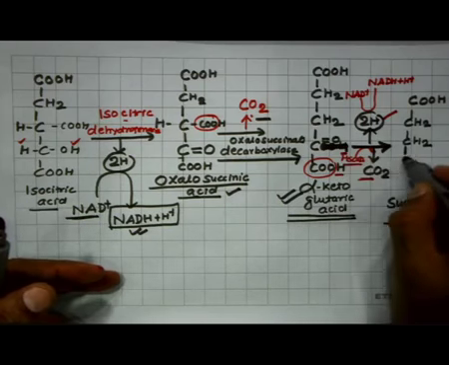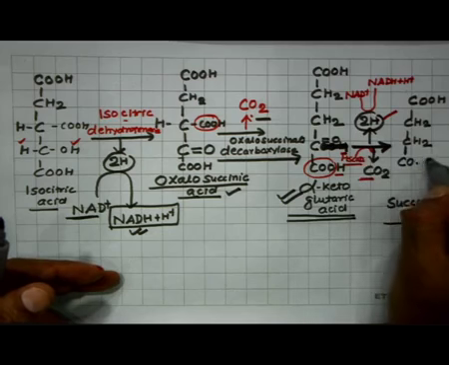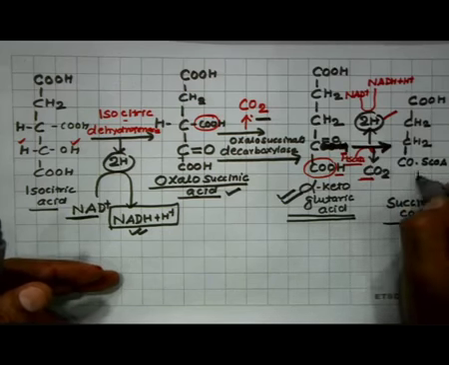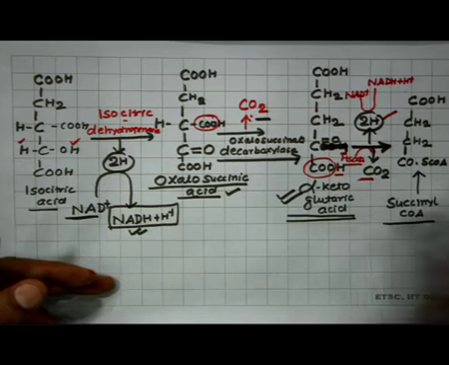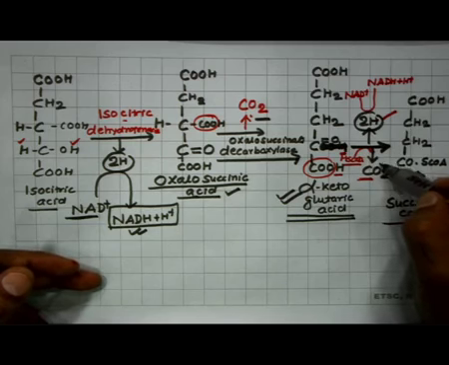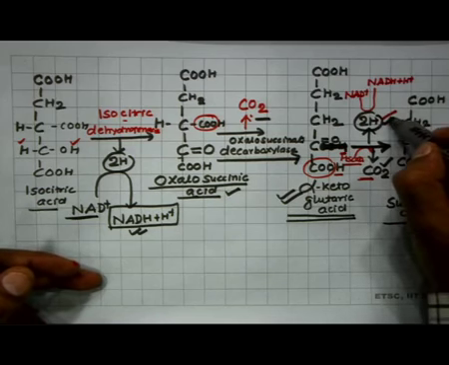So, only CO is here and SCoA. So, this structure is called succinyl coenzyme, and here two things are going to happen, decarboxylation as well as dehydrogenation.